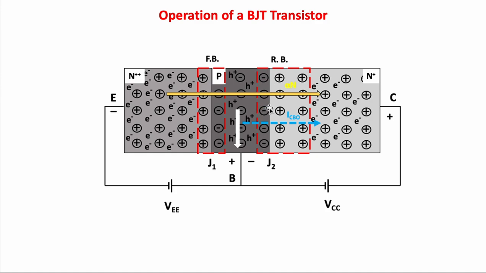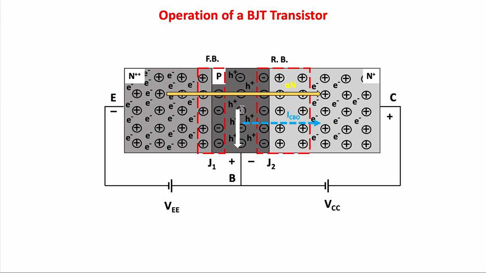One might wonder how the carriers from the emitter can pass through the reverse biased junction. The majority carriers from the emitter part are the same type as the minority carriers in the base region.